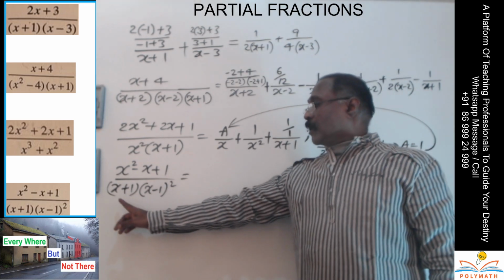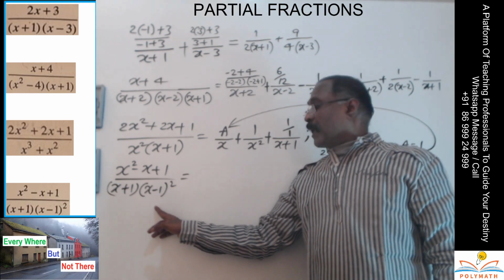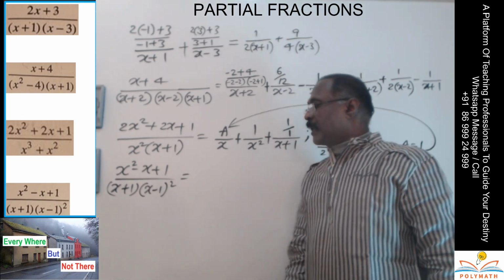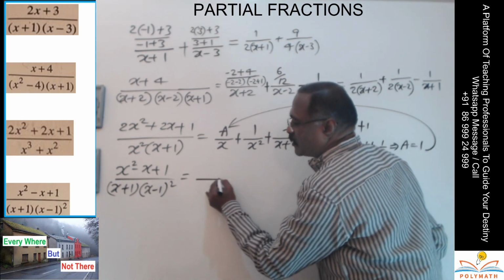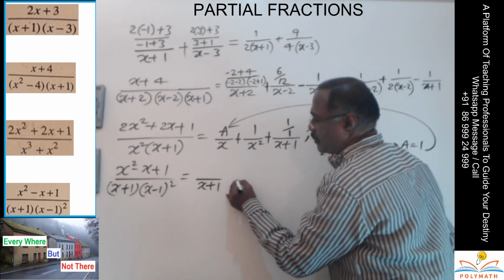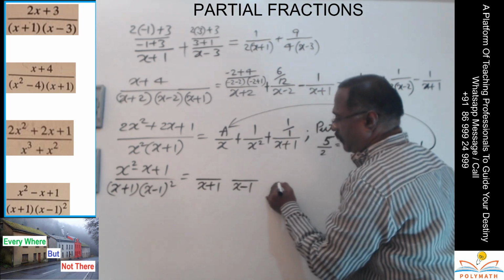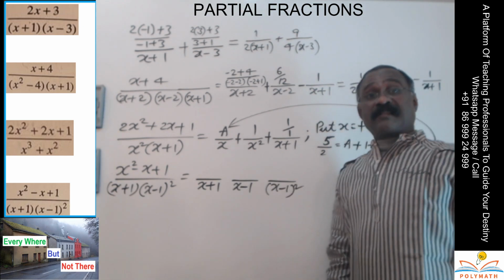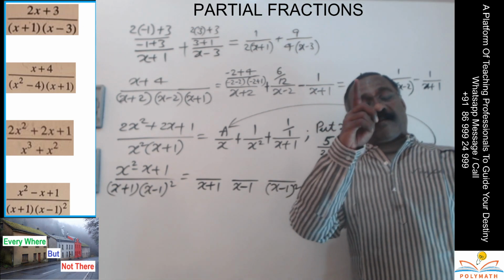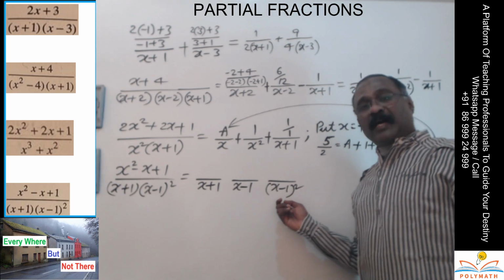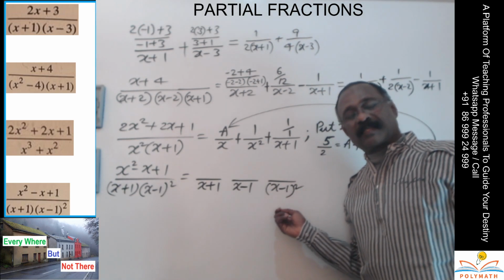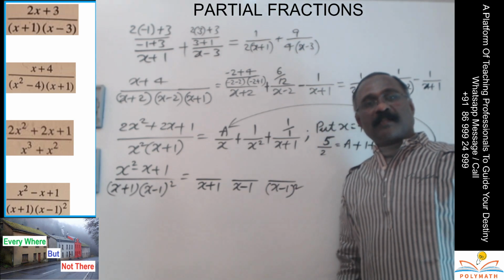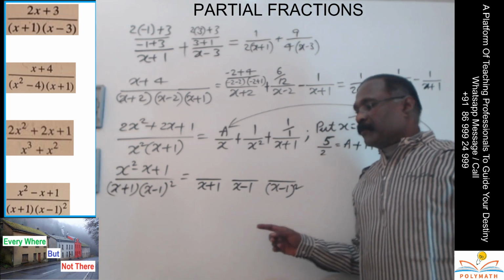Non-repeated linear factor x plus 1 and repeated linear factor 2 are there. So 2 plus 1, 3 fractions must be written. So I'm writing x plus 1 first, then x minus 1, then x minus 1 whole square. What I said, the shortcut everywhere but not there can be used for the highest degree factor here, that is for x minus 1 whole square.